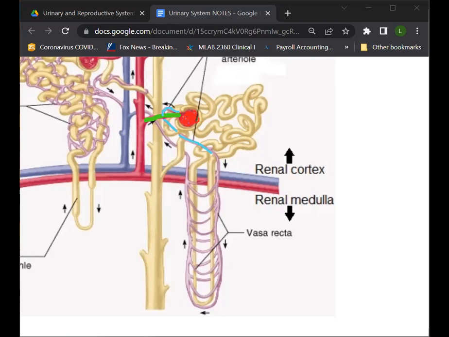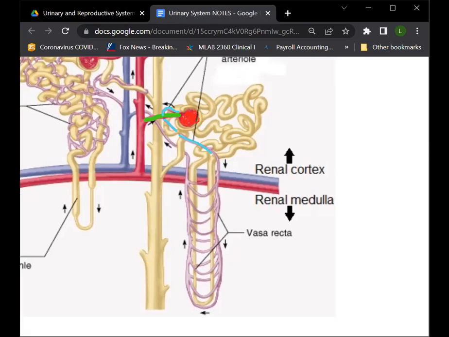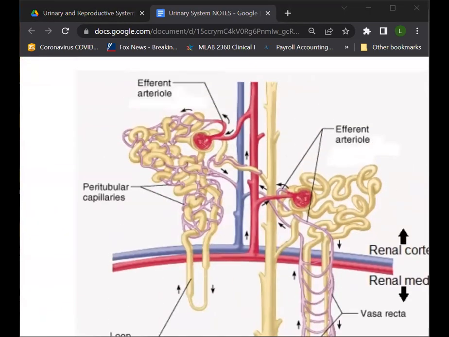Yeah, it's called vasa recta when it's wrapped around the loop of Henle. And then it's called peritubular capillaries when it's wrapped around other parts of the nephron, like the distal convoluted tubule.